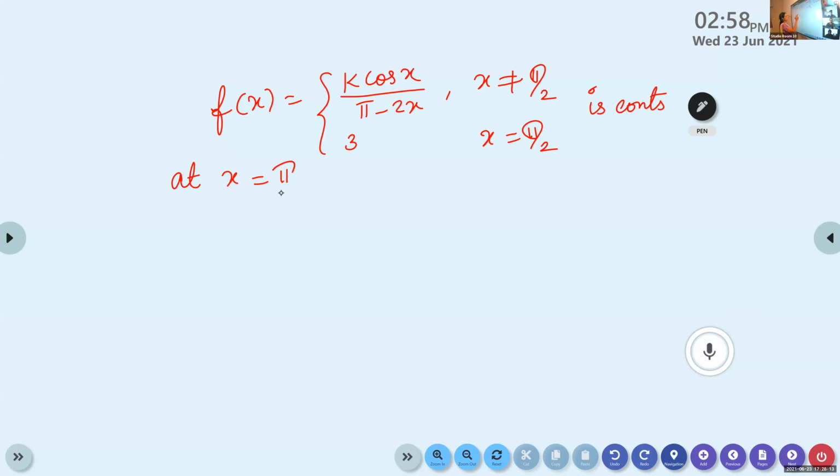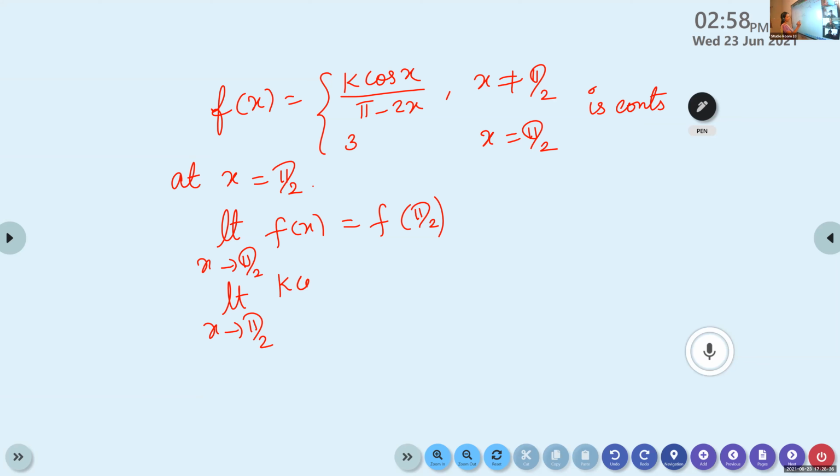As it is continuous, we can say that the limit as x tends to pi by 2 of f of x is equal to f of pi by 2. So when we put the function here, the limit as x tends to pi by 2 of k cos x by pi minus 2x is equal to f of pi by 2, which is 3.